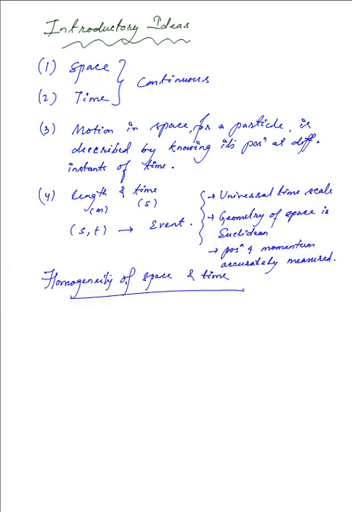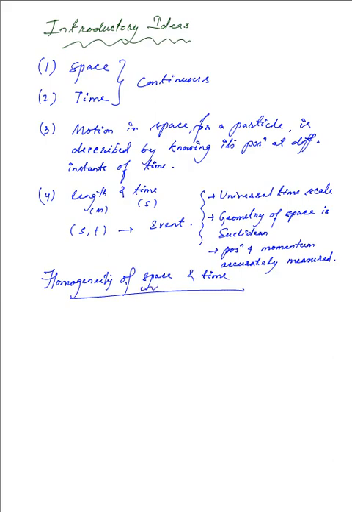Then next we consider the cases of the homogeneity of space and time. Now, homogeneous means it does not really change, it's evenly distributed throughout. So that is the case with space. And what does the homogeneity of space lead to?